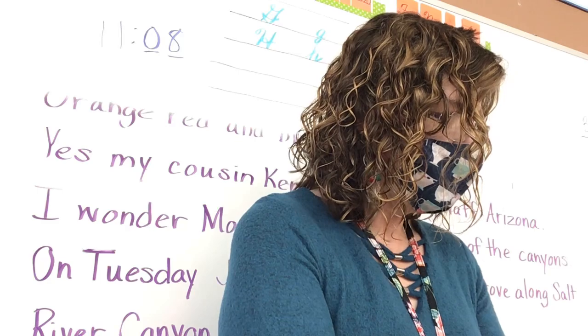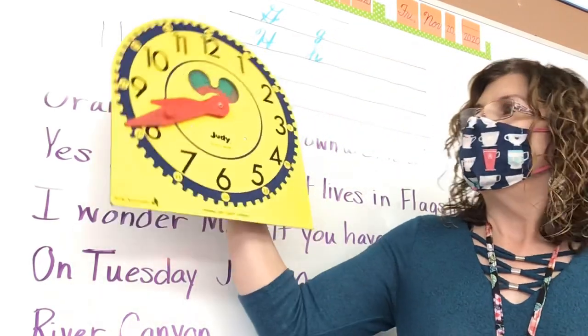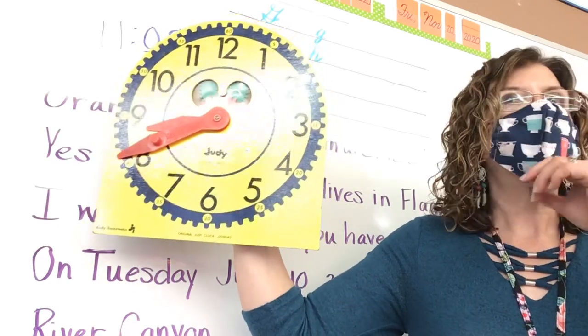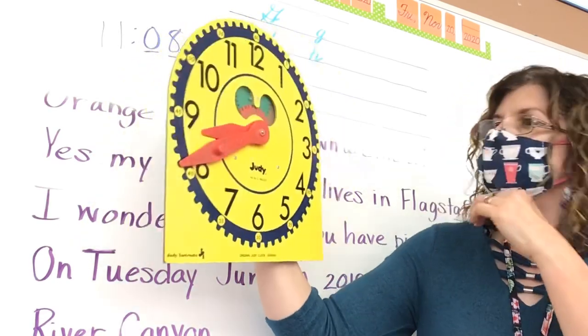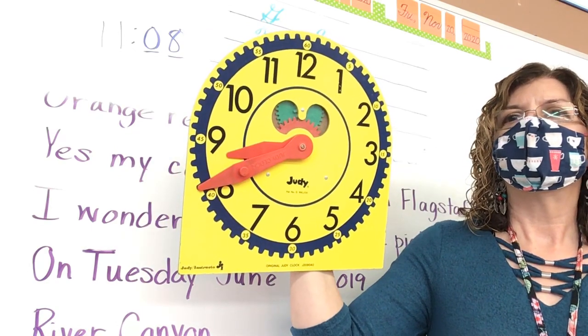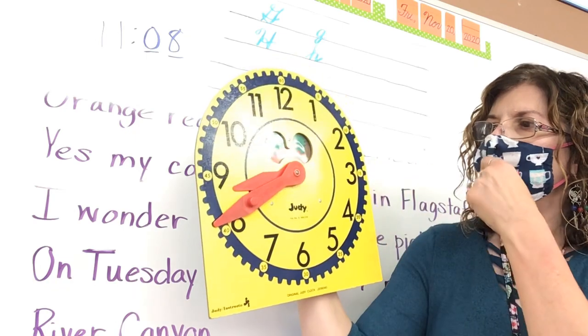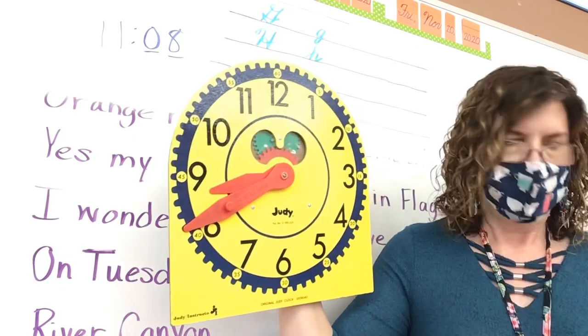All right, the next one looks like this. Who wants to do this one? All right, if you've already done one, don't raise your hand. This is confusing. Lily, just after. Very good. The shorthand, which is your hour hand, is past the 8.